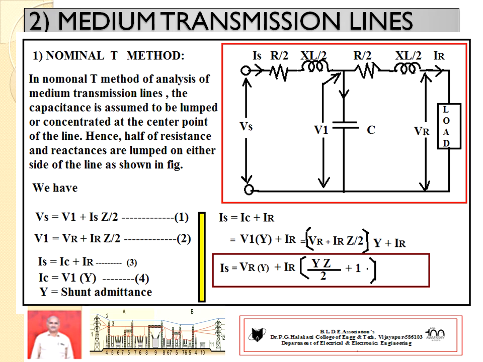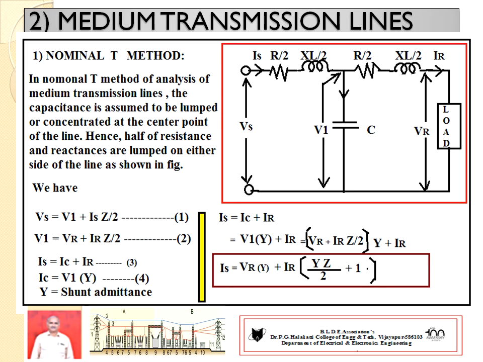Then V1 should be replaced by equation 2: V1 is replaced by Vr plus Ir into Z by 2. Then multiply the terms, and keep the Vr terms on one side and the Ir terms on the other side. Getting the idea? You multiply the respective values on your own.